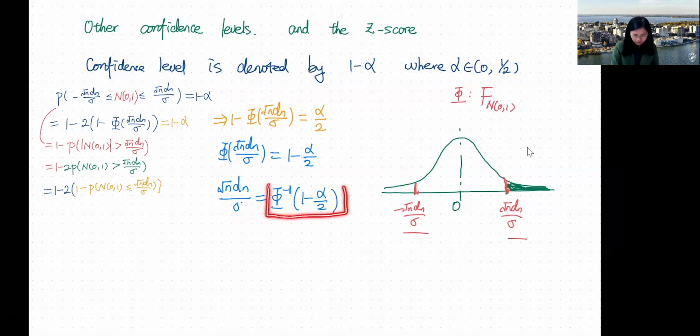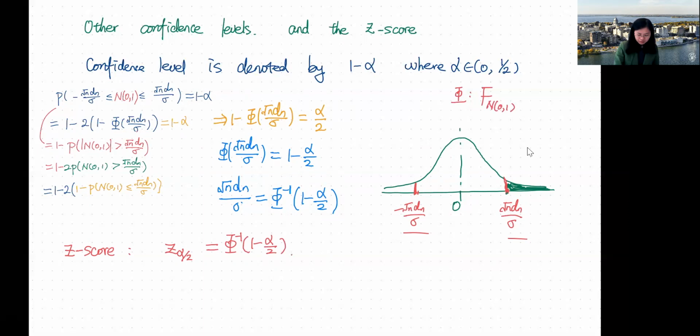And this quantity has a name called the z-score. The z-score for the standard normal distribution. So the z-score denoted by little z, so lowercase letter z. I write it smaller, so you're not confused. So this lowercase z subscript alpha over 2 is defined to be the standard normal CDF inverse of 1 minus alpha over 2.